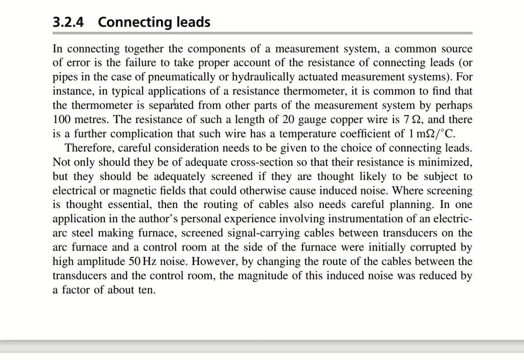In one of his personal experiences, which involved instrumentation of an electrical arc steel making furnace, screened signal carrying cables between the transducer on the arc furnace and a control room at the side of the furnace were initially corrupted by high amplitude 50 Hz noise. But by changing the route of the cables between the transducer and the control room, the magnitude of this induced noise was reduced by a factor of about 10. So just think about it. How much difference does it make?